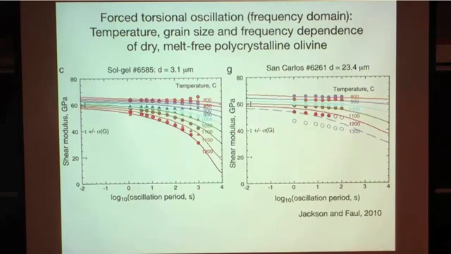So you clearly have a grain size dependence of this seismic behavior. Everything else is kept constant. The only thing that's variable is the grain size. And so at the coarser grain size, you have a higher modulus than at the finer grain size. So the behavior is grain size dependent. And again, then we have to extrapolate, of course, to mantle grain sizes of millimeter to centimeter.